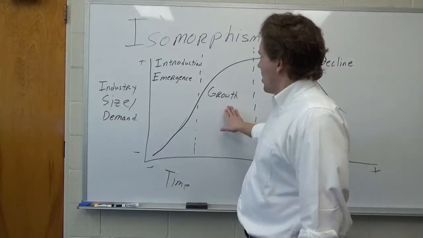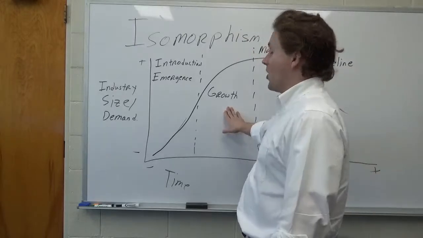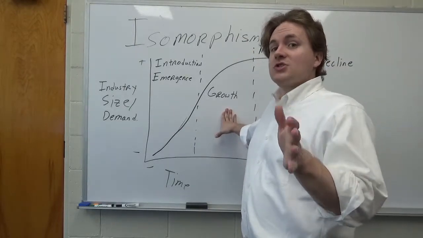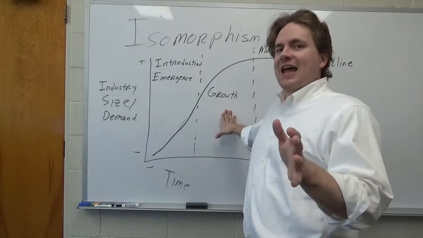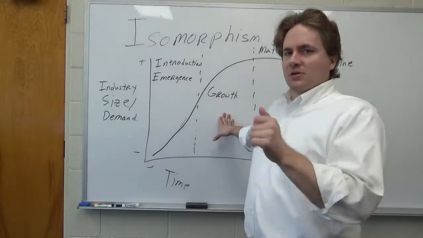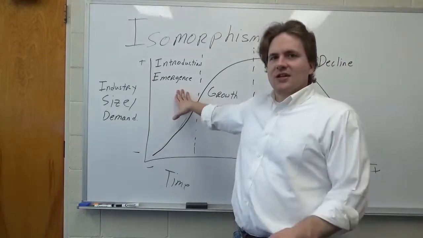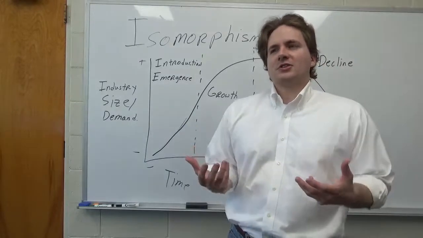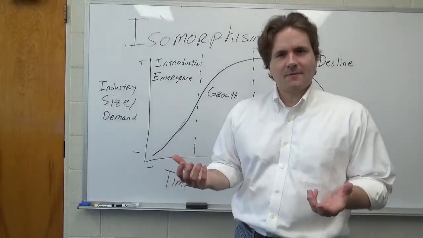Okay. Growth means that this product or this industry is here to stay, but how should it look? What should the number of competitors look like? If I compare the introduction to the growth phase, in the introduction you have a lot of avant-garde buyers.